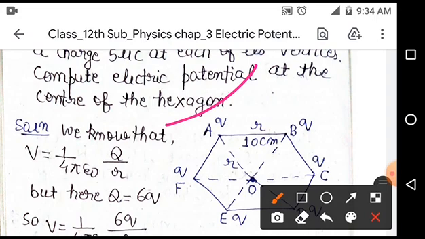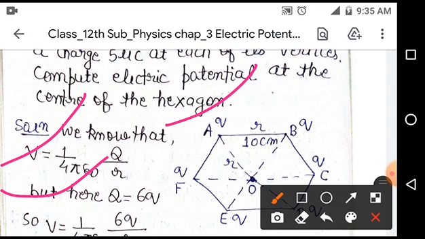So first of all we will find the potential by the formula V is equal to 1 upon 4 pi epsilon naught, capital Q upon small r. But here the total charge capital Q is 6 times the small charge, because at each vertex there is a charge small q, and there are 6 vertices.